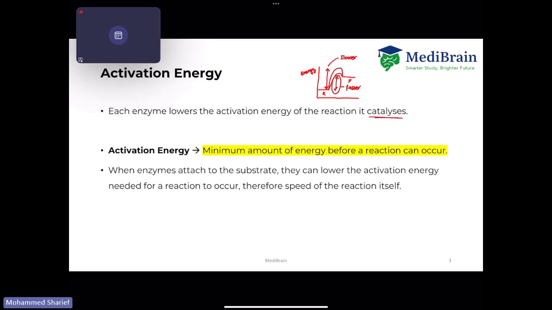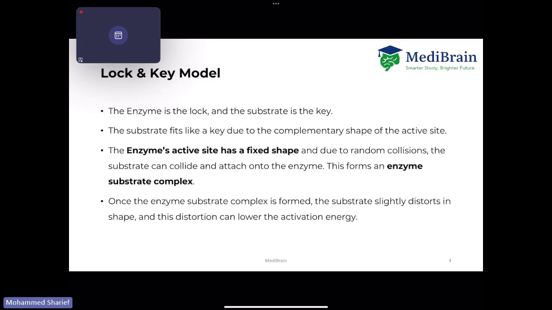They catalyze the reaction, and because they're catalyzing the reaction, they are lowering the activation energy. If they're lowering the activation energy, that means less energy is required to turn the reactants into the products. And if less energy is required, the reaction can take place faster and more reactions of the same type can occur in a shorter period of time. So that's basically the activation energy.